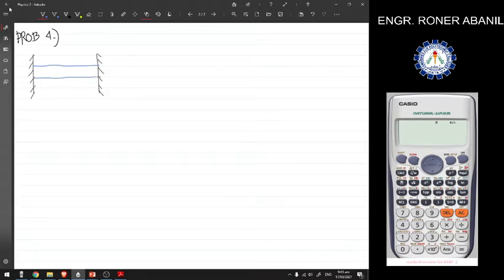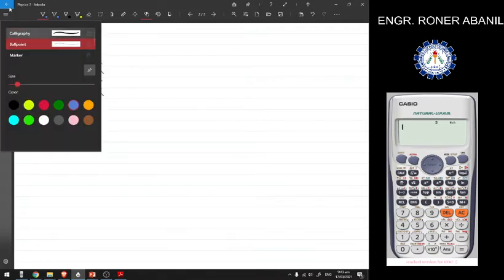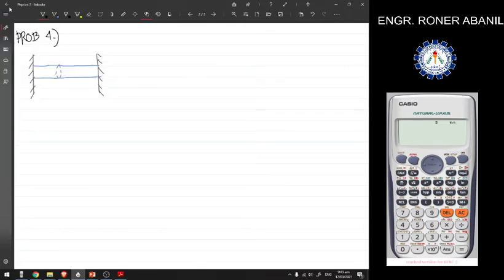Ayan. So, ito daw is merong cross-sectional area. So, dito muna tayo. Ang length daw nung cylinder na ipinasok is 10 cm. Okay? 10 cm daw yan. Tapos, ito daw is merong cross-sectional area na 20 square centimeter. Okay. So, meron tayong initial temperature dito, no?